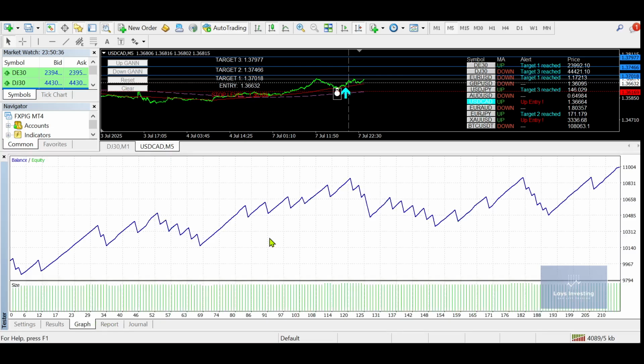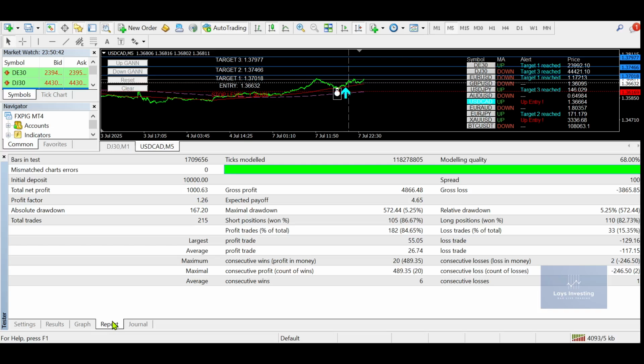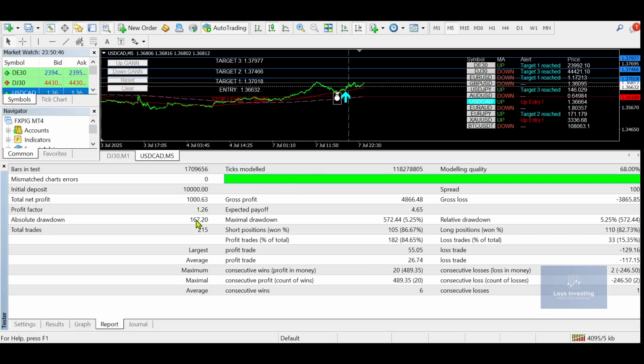That's why it's taking some time to give the report. We have our 10%. The profit factor is a little bit lower, 1.26. Drawdown acceptable, success rate acceptable.